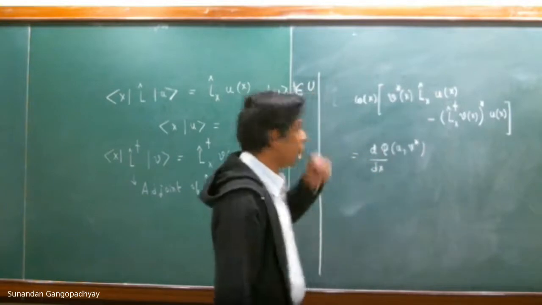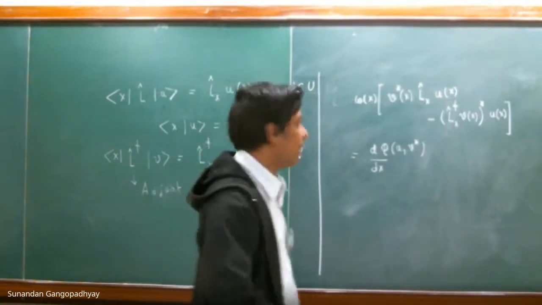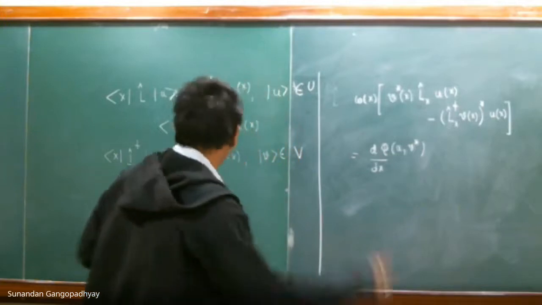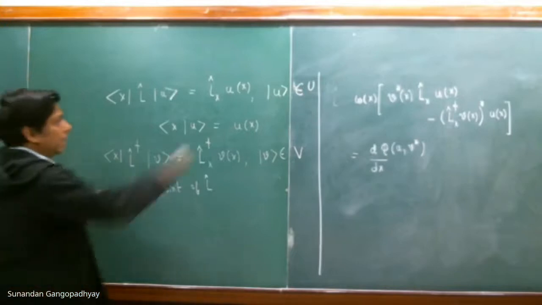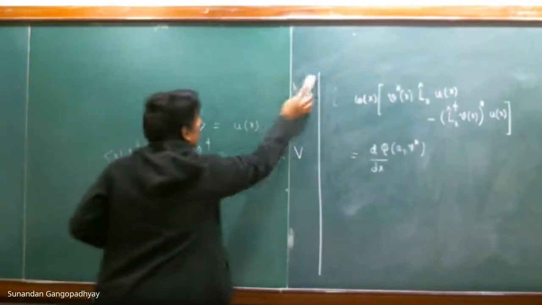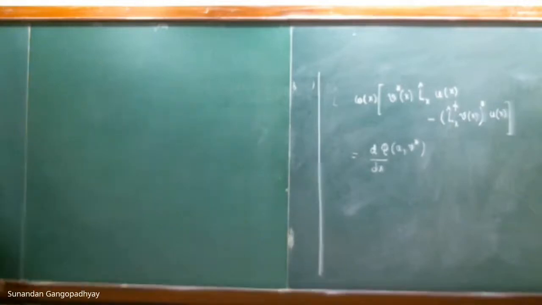If you have some confusion, the confusion will be clear in a moment. I will give you an example right at this moment. So let us do the example, and then this thing will be clear. There are quite a few things that I have not mentioned here in this relation.